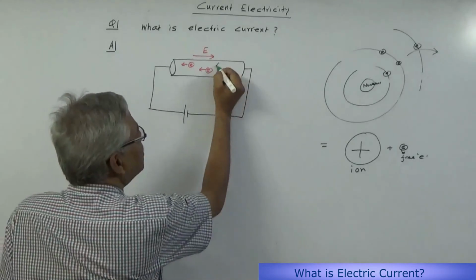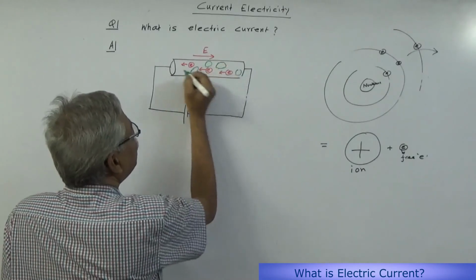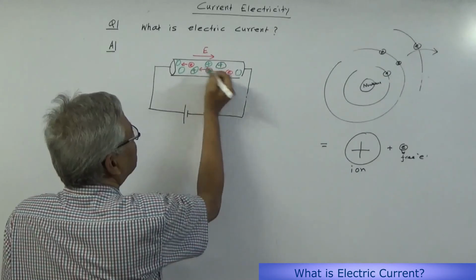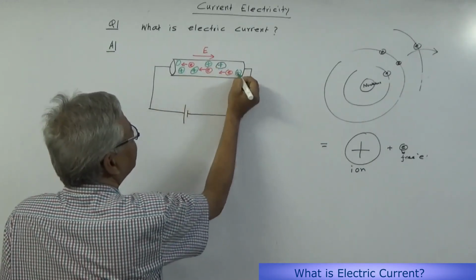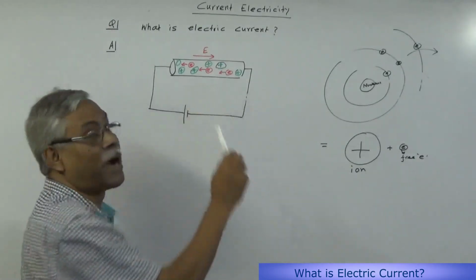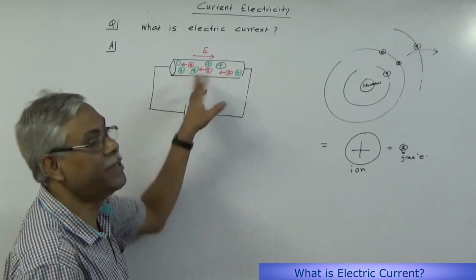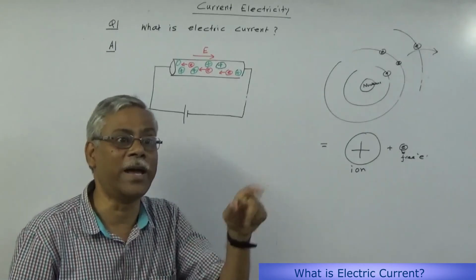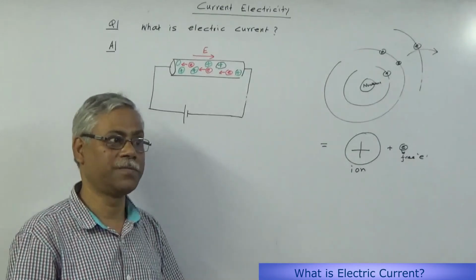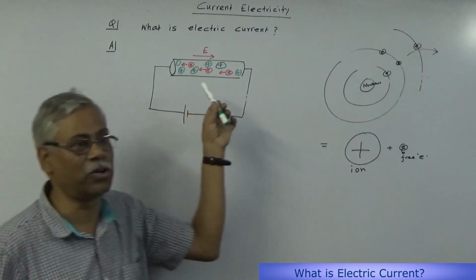These positive ions do not move. So during motion, these electrons will randomly collide with the positive ions. Positive ion means a whole atom minus 1 or 2 electrons.